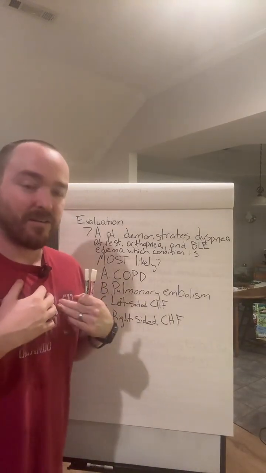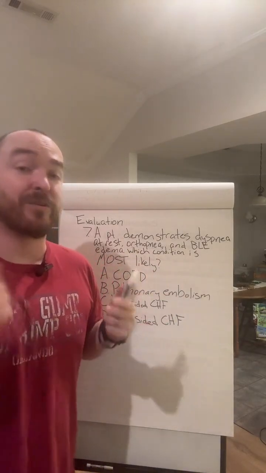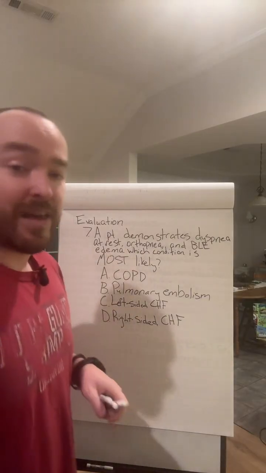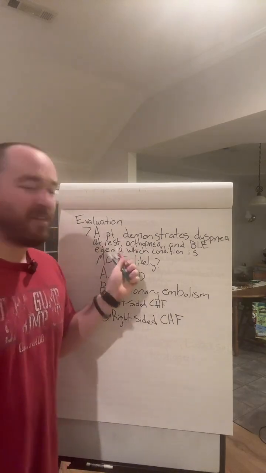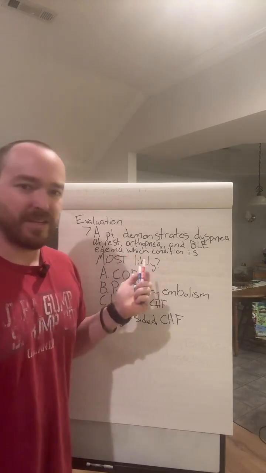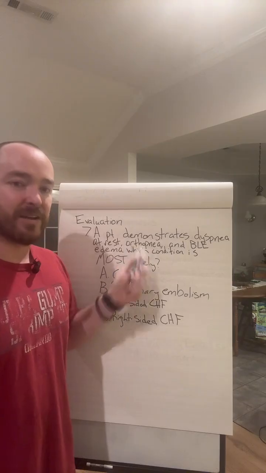If it was left-sided congestive heart failure, I would expect them to talk about a lot more pulmonary issues like pulmonary congestion, pulmonary edema, things like that. So you guys are absolutely right, that bilateral lower extremity edema. And just know, we probably think of orthopnea a lot more with left-sided CHF, but it can still happen with right-sided CHF, right?